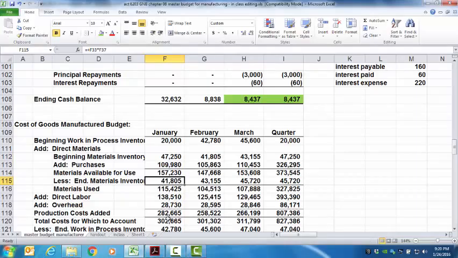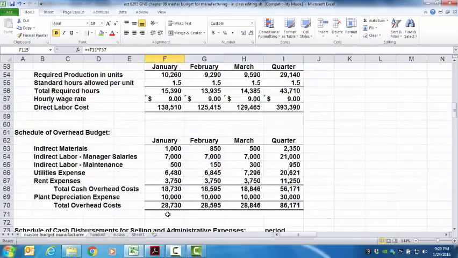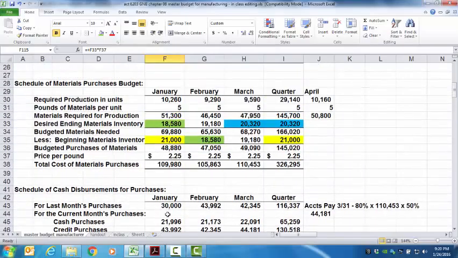Now I'm going to refer you back to something that we already have done when we were talking about materials. Back on our schedule of materials purchases budget, we said that for January I want to have 18,580, but this is in pounds, and we're doing a cost of goods manufactured.